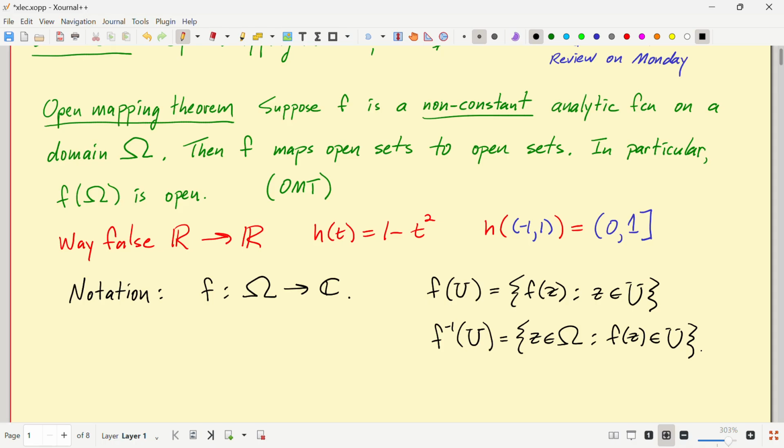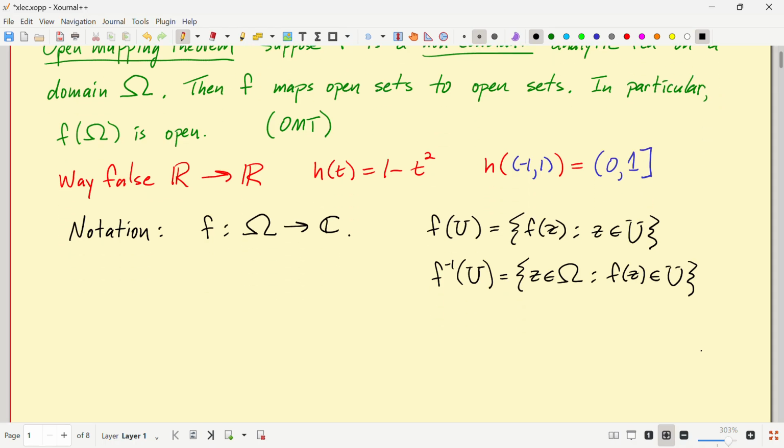And when you learn this notation, then it's a fact that f is continuous.